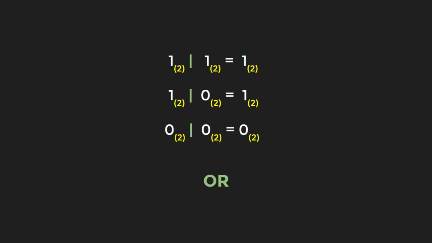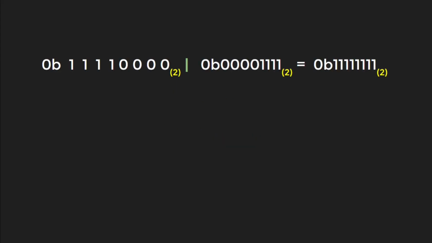Now this is the OR operation, and 1 or 1 is 1, 1 or 0, or 0 or 1, which is this line here, it's 1, and 0 or 0 is 0. Basic. Now we have this number here, which is 240.